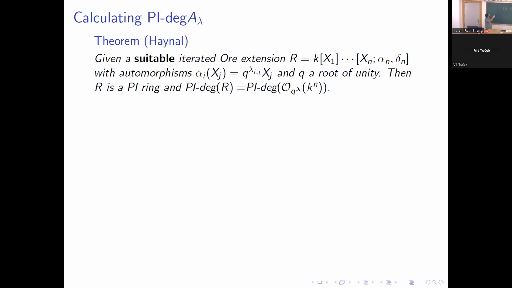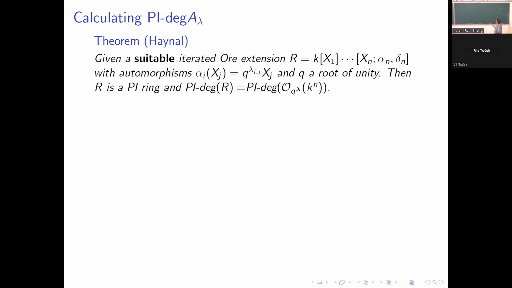So there is a result that allows us to do that, because this algebra A lambda can be presented as an iterated Ore extension. And when you're in a case like this, where you have an automorphism and a skew derivation, and Q is not a root of unity, then the PI degree of your algebra does not depend on the skew derivation at all. So you can forget about that.